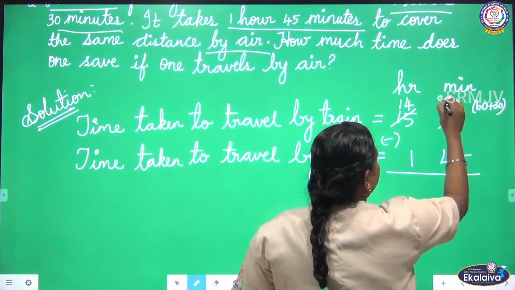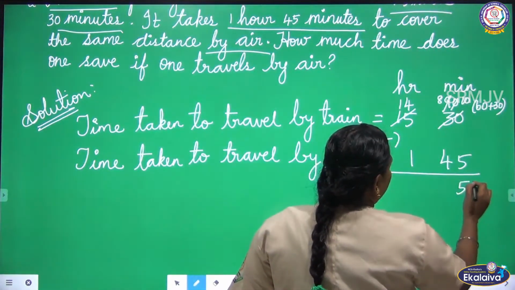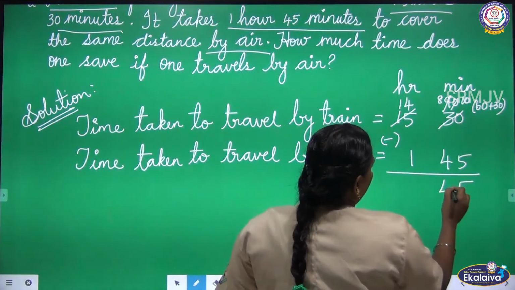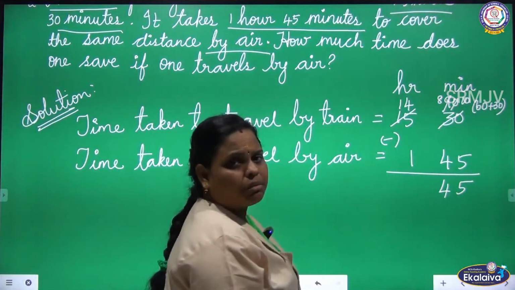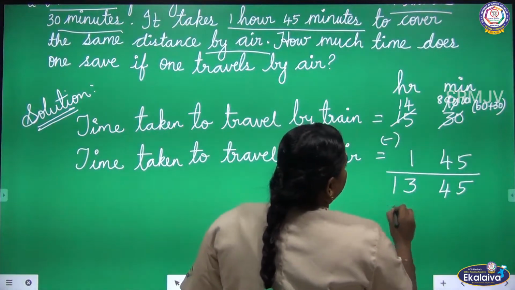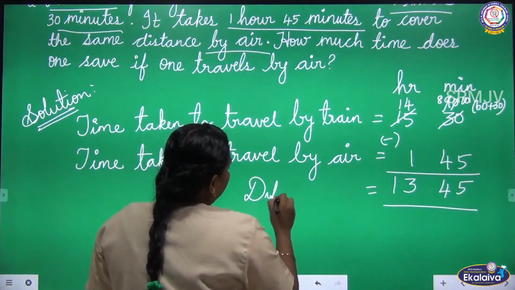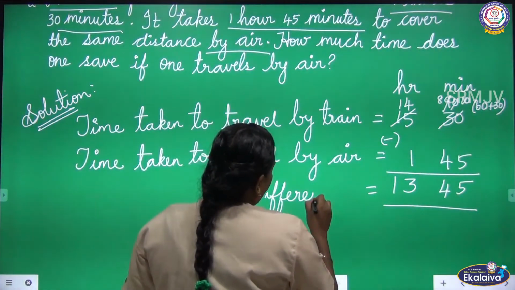So 9 becomes 8, 0 becomes 10. So 10 minus 5 is 5, 8 minus 4 is 4, then 14 minus 1 is 13. So what is the answer? You can write difference here.